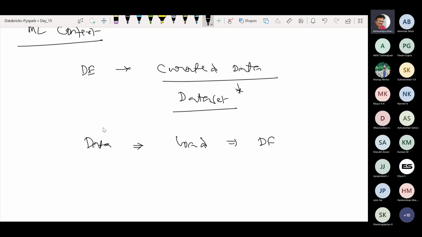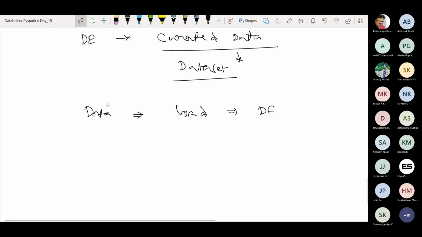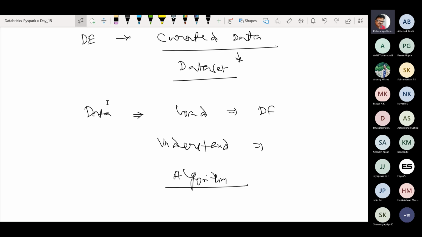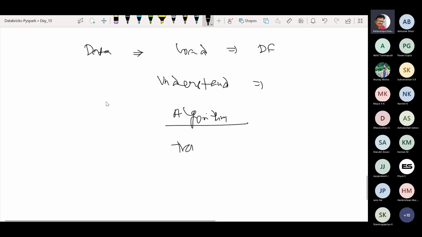Once this loading process is over, we have to understand the data, the insights. Once this is over, selection of the algorithm. Mentally, you have to fix, oh, this algorithm is good. And then, as we have seen, train and test split.